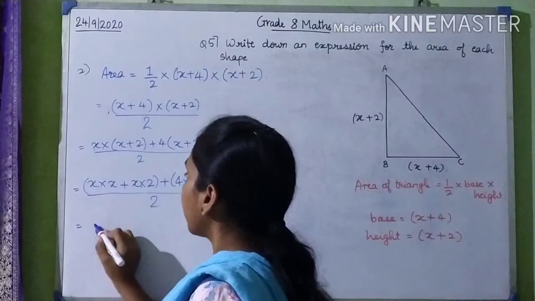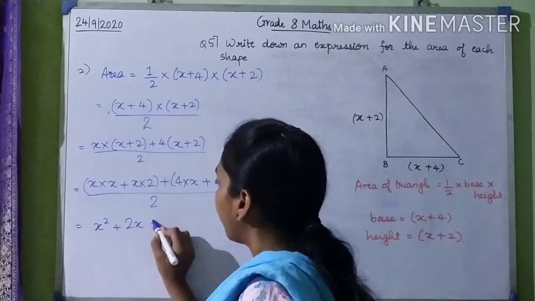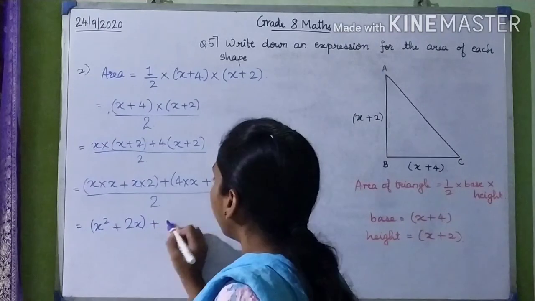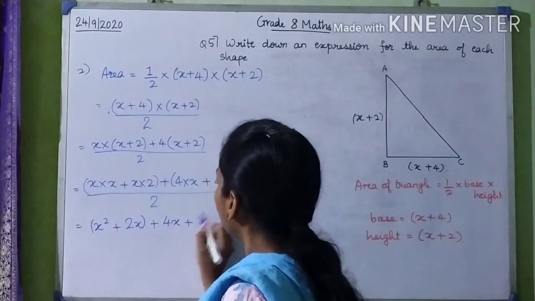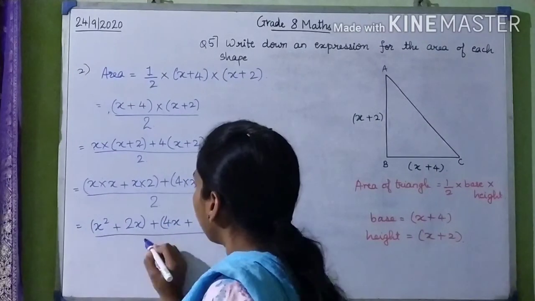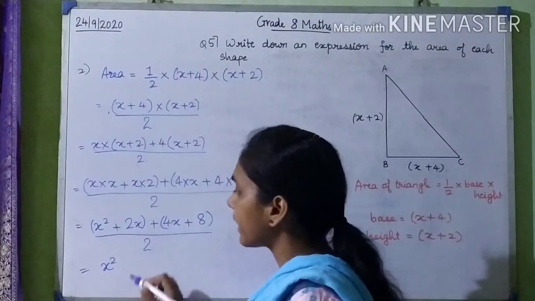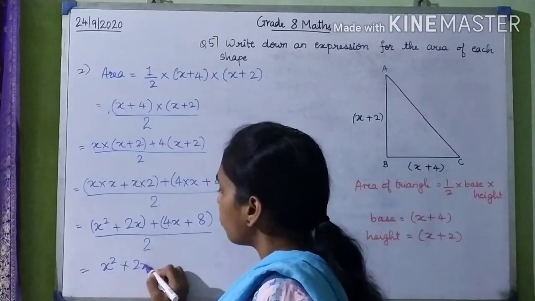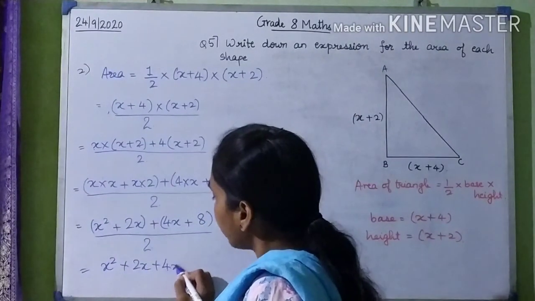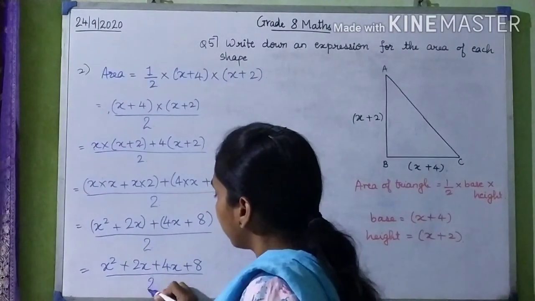Now x into x is x square plus x into 2 is 2x plus 4 into x is 4x plus 4 into 2 is 8 divided by 2. Now I remove the brackets. X square plus 2x plus 4x plus 8 divided by 2.